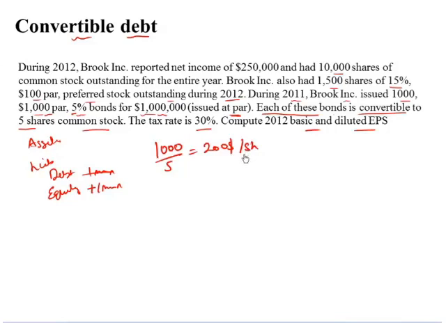So when will he exercise his option, or when will he convert from debt to equity? When the market price of the stock is definitely greater than $200, or if he feels that redeeming the equity gives him more value than just keeping a $1,000 par 5% coupon bond.